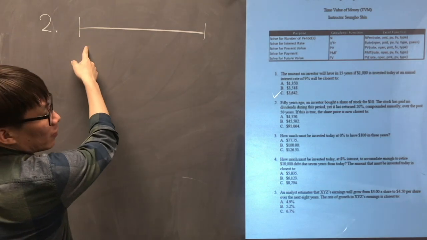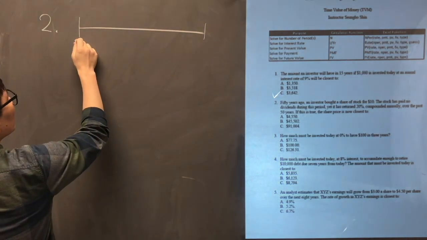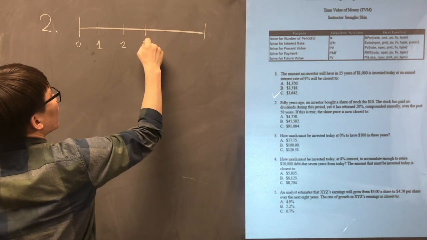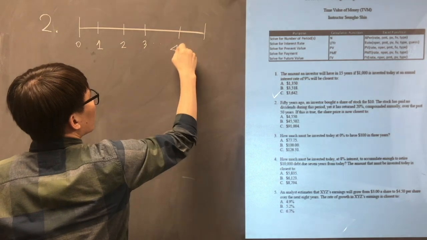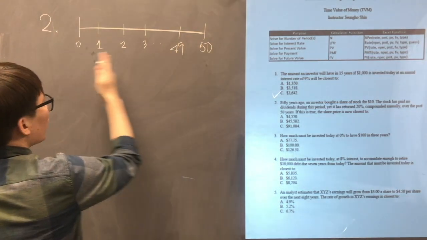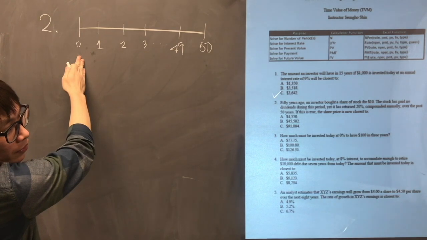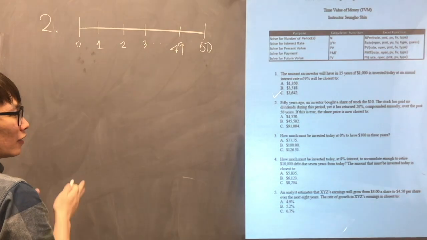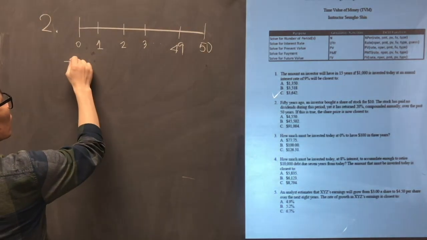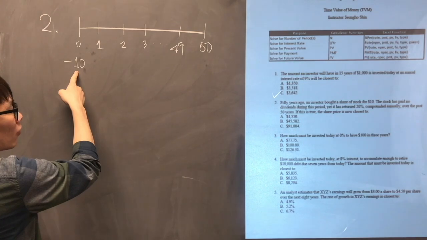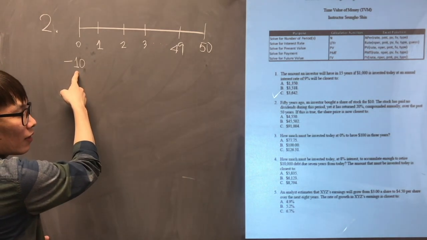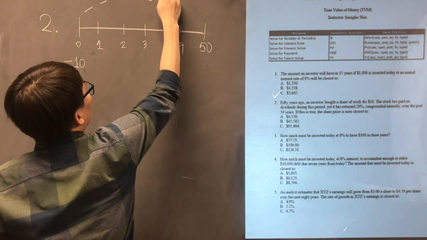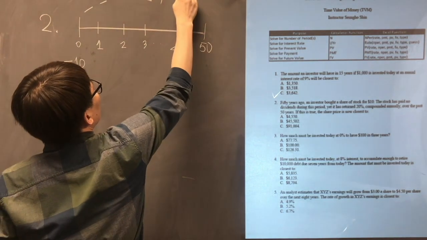So 50 years ago, this is 0, 1, 2, 3, 49, 50. The investor purchased this stock 50 years ago, so he spent $10 to purchase this stock. Am I correct? During this period, it paid 20% interest.